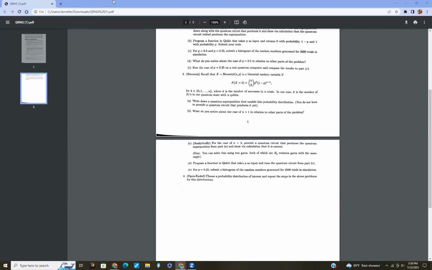For example, the coefficient for each of the terms, where it says n choose k, p to the k times 1 minus p to the n minus k. So p is probably a value between 0 and 1, right? Like n and k are integers, natural numbers. It looks like p is just a probability.